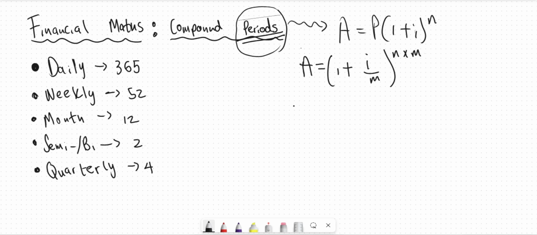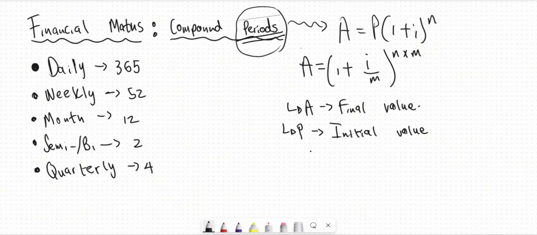But before I unpack what the M and the N are, let's talk about the A. The A is this final value that we find after investing money. So this is the money that we find at the end of our investment period. The P is the initial money that we are investing. So this is the money that we actually put into the bank.